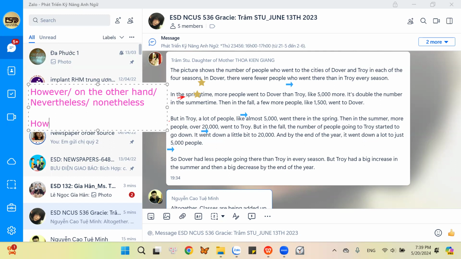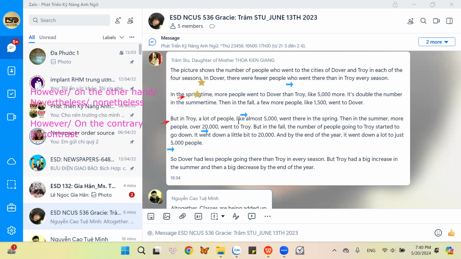So if you compare data, you can use the word however, or you can use words like on the contrary, or in contrast. These are the words for you to use to compare data. And on the other hand, nevertheless, nonetheless, sound more like essay writing.